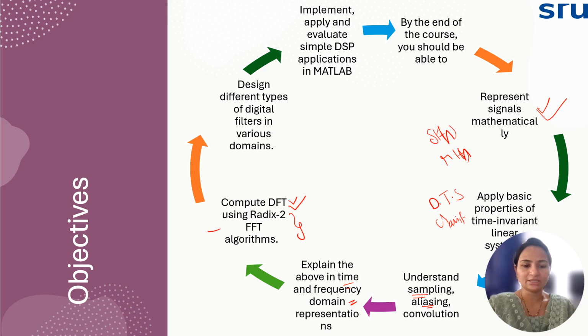FFT is again classified into two types: the DIT FFT algorithm and the DIF FFT algorithm. Next, designing different types of digital filters in various domains. Then you will implement, apply and evaluate sample DSP applications in MATLAB. So these are the objectives of this course.